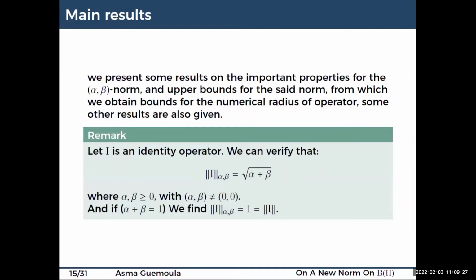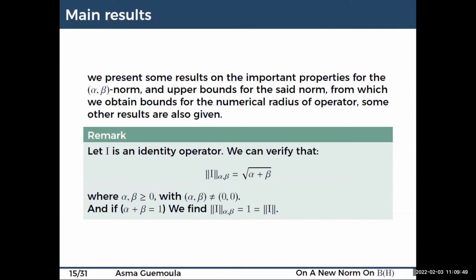Main results. We present some results on the important properties of the alpha-beta norm and upper bounds for the said norm, from which we obtain bounds for the numerical radius of an operator. Some other results are also given.